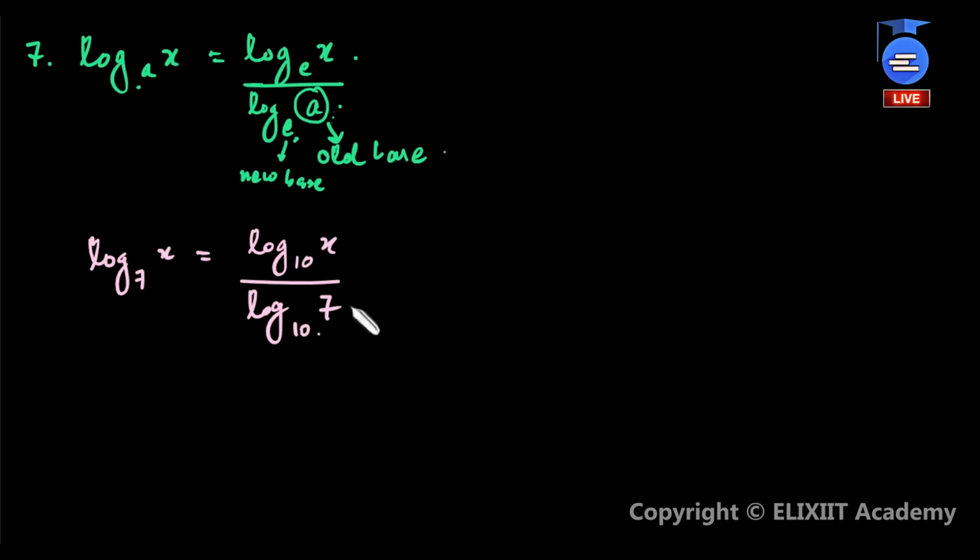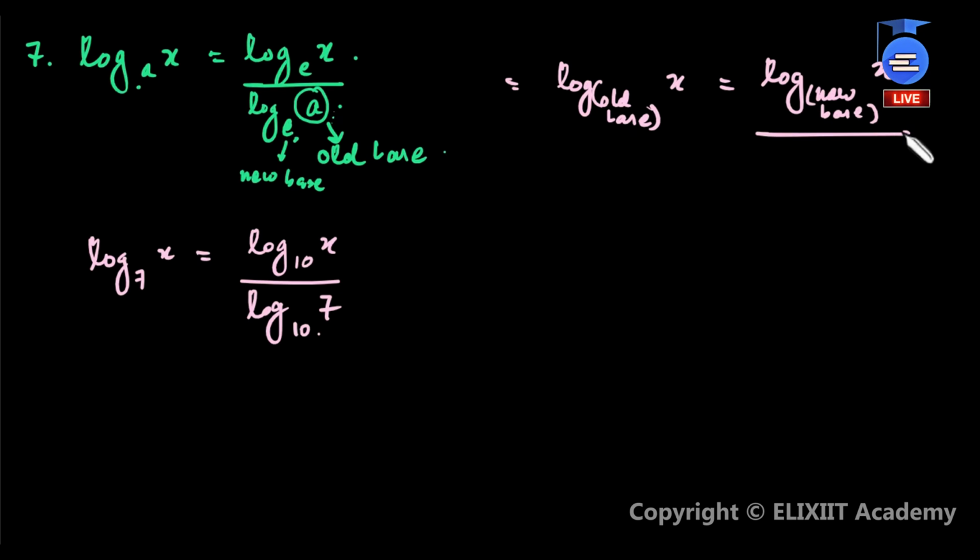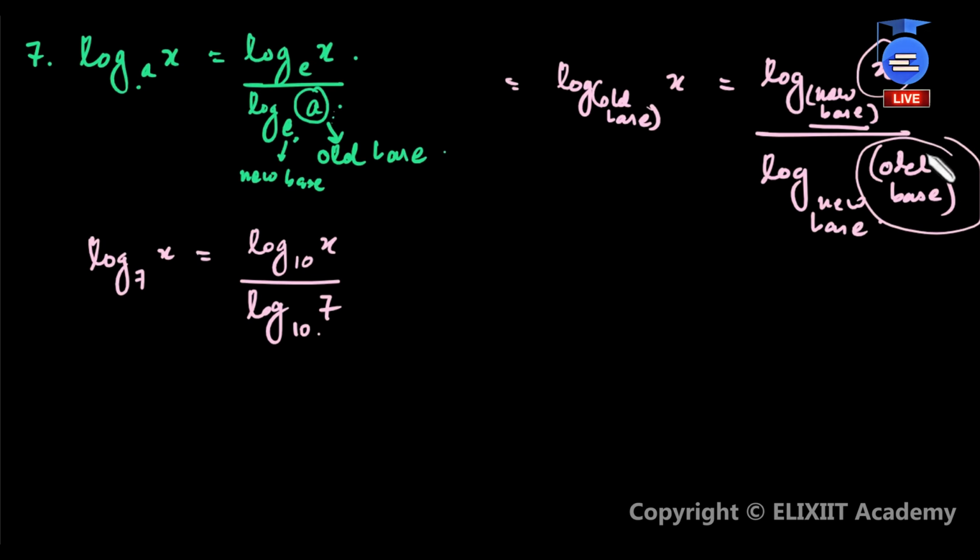So you remember in this manner that log x to the old base is equal to log x to the new base, divided by log a, that is, log of the old base with the new base. All the new base will come here, log x will go here, old base will come here.